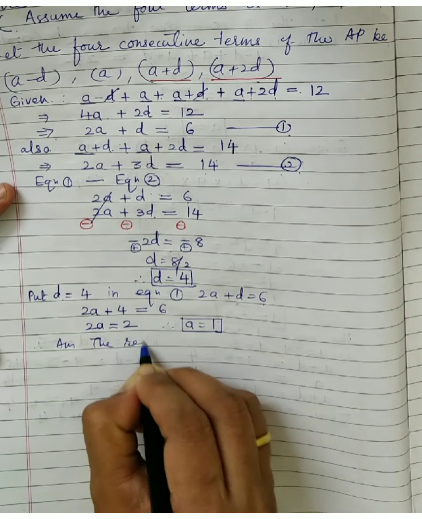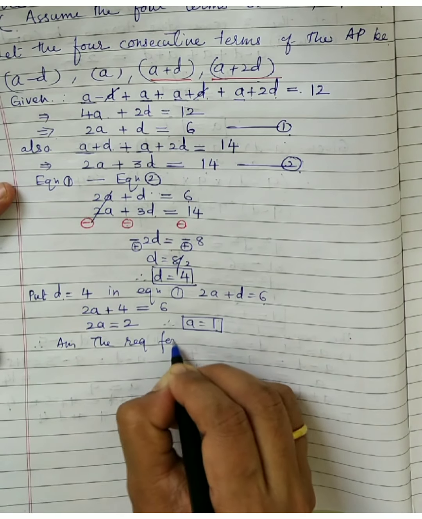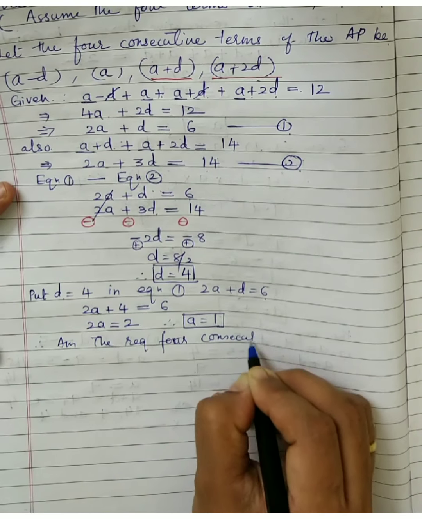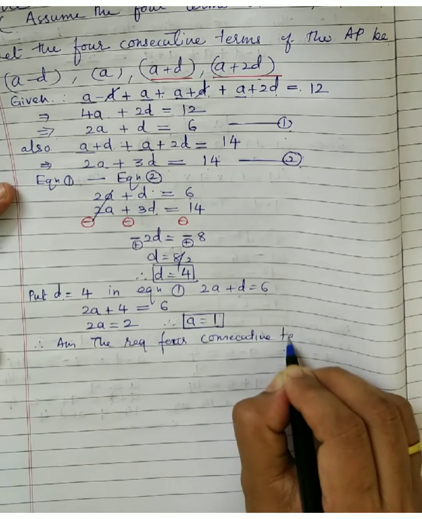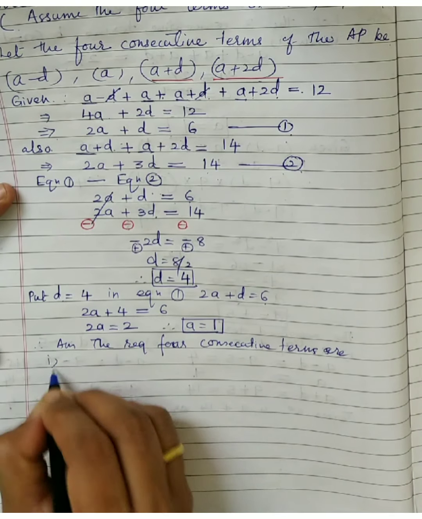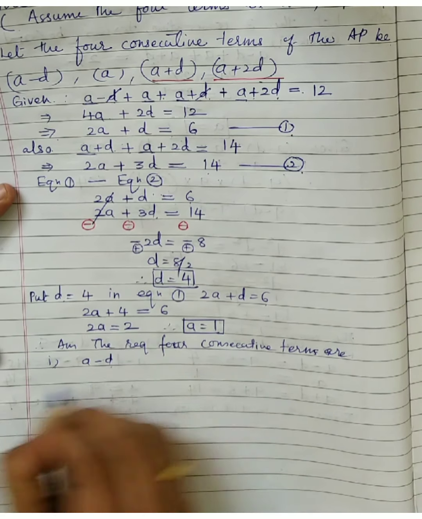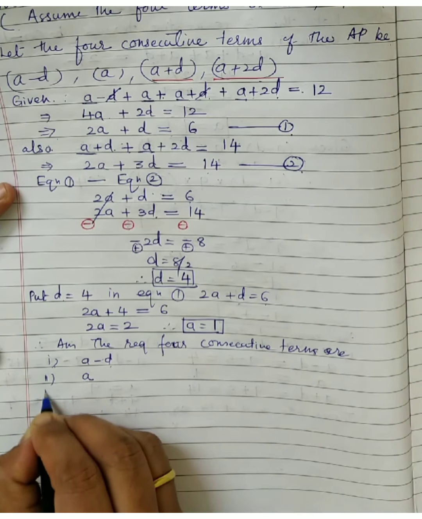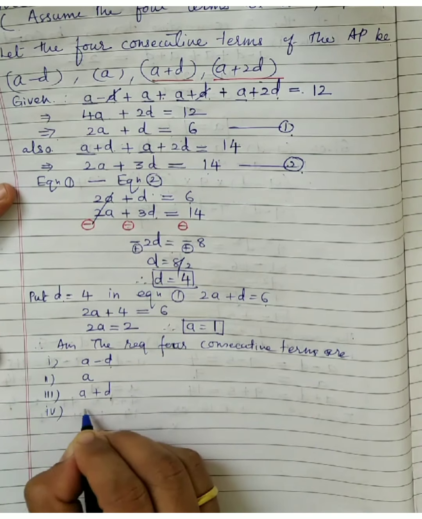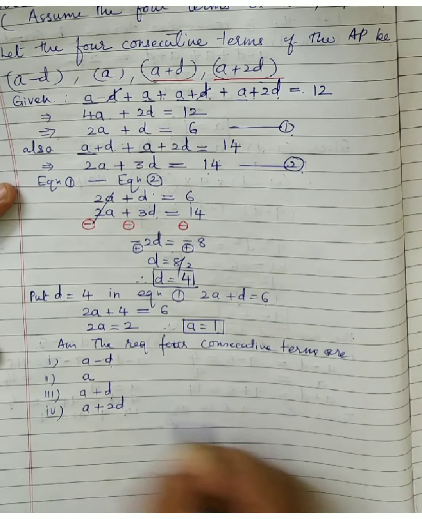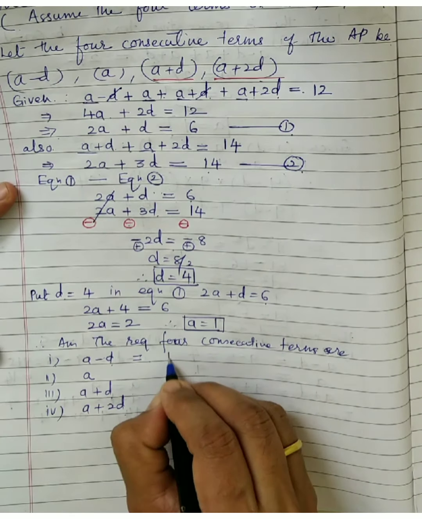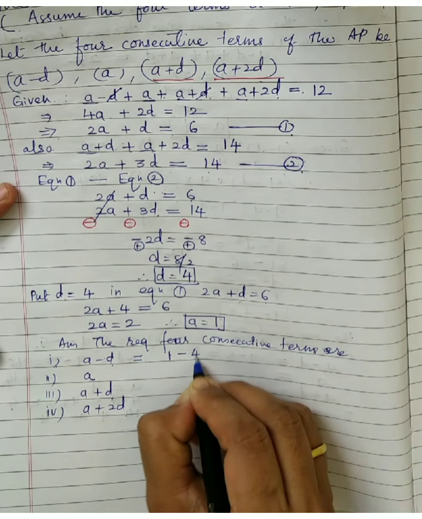The required 4 consecutive terms are: first one was what? A minus d. Second, a. Third, a plus d, and fourth a plus 2d. So a minus d, that is 1 minus 4.